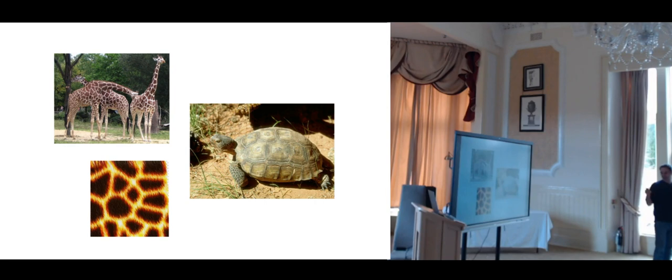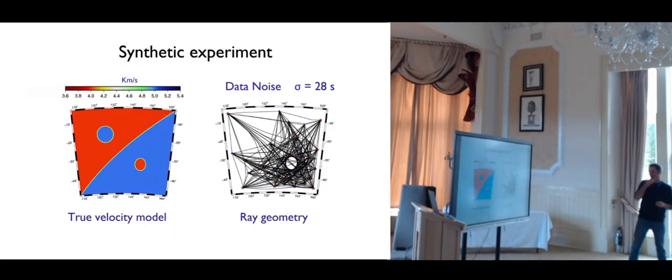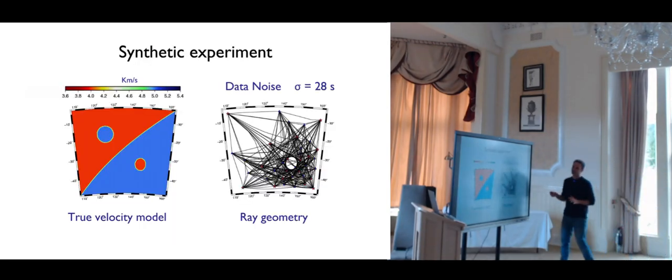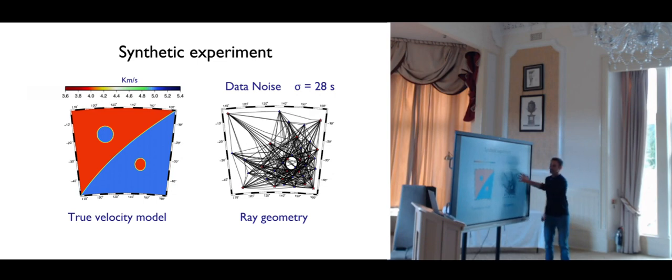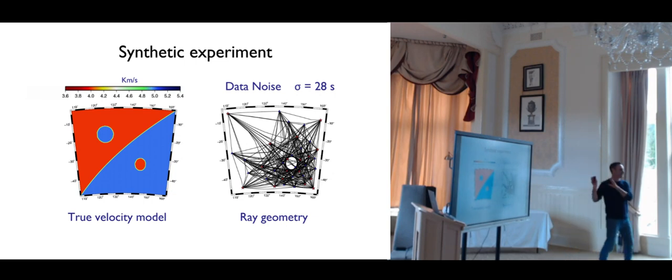So let's see how that works with a synthetic experiment. We have a model of the Earth. This is the target model. That's what we are trying to recover. This is our ray geometry. As opposed to what Andrew was showing here, we place ourselves in the worst case scenario where the A^T A is going to be very ill-posed because we want to challenge the algorithm.